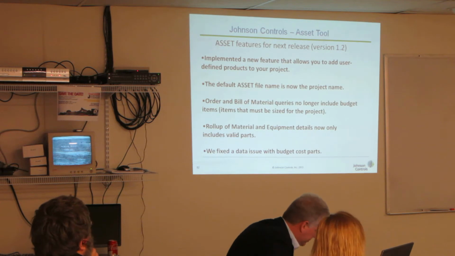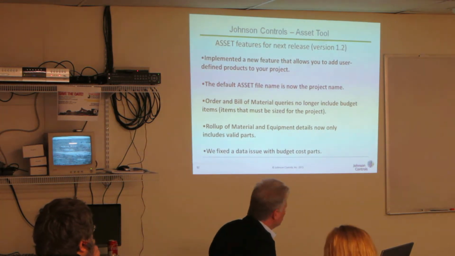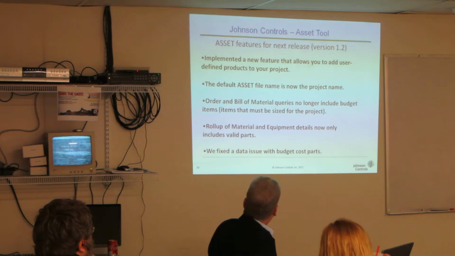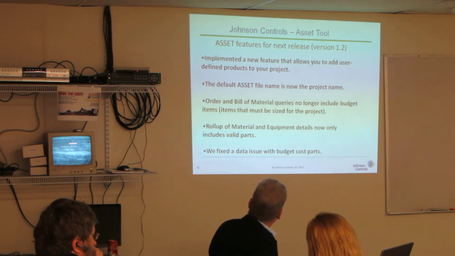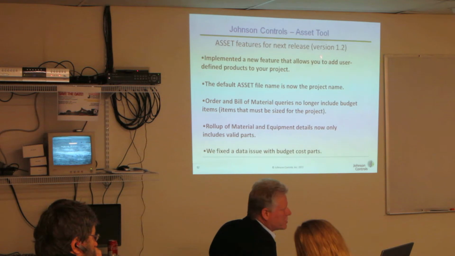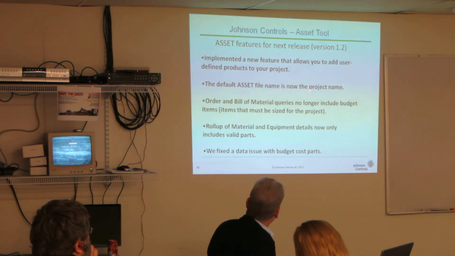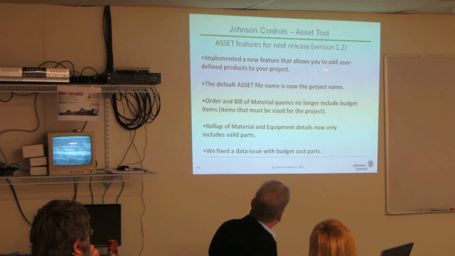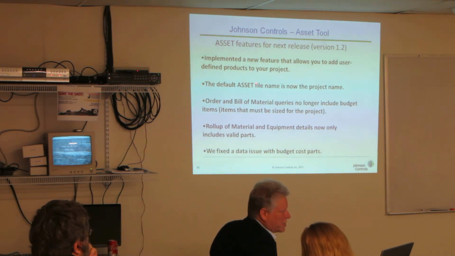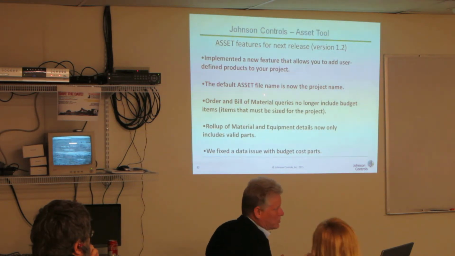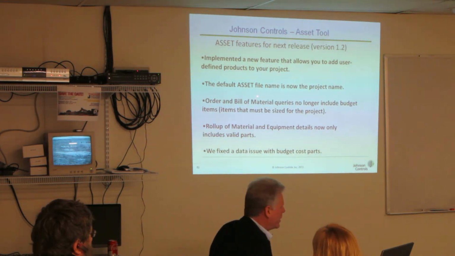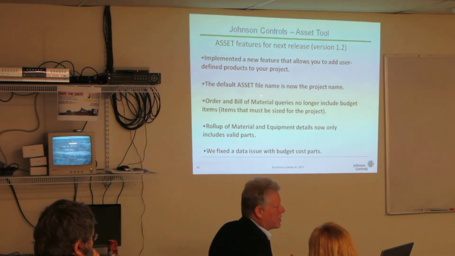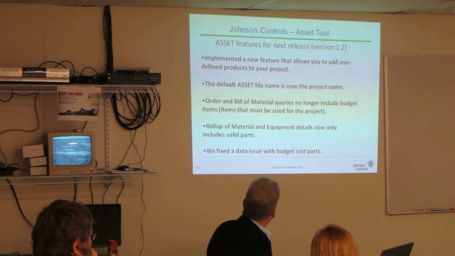The Asset Tool is another software that we have to offer for anybody that wants to use it. The new release is 1.2, and it allows you to add user-defined products to your project. Before, this was more or less about adding JCI products, but now you can add maybe a Visio or different things to your products too.